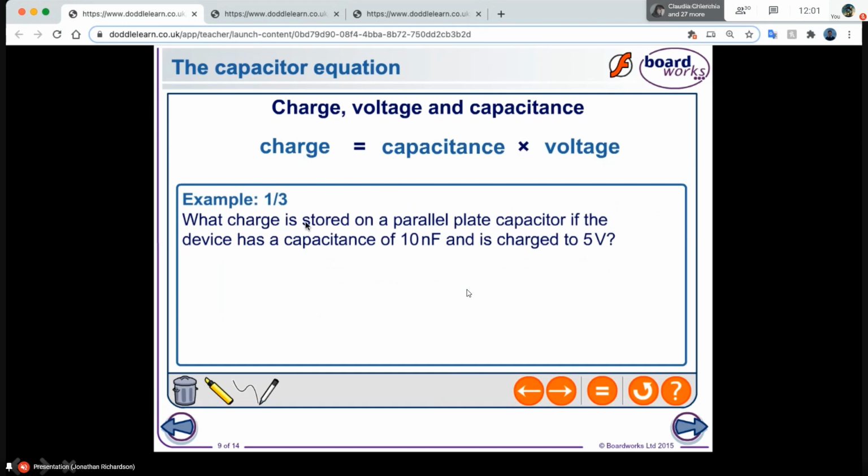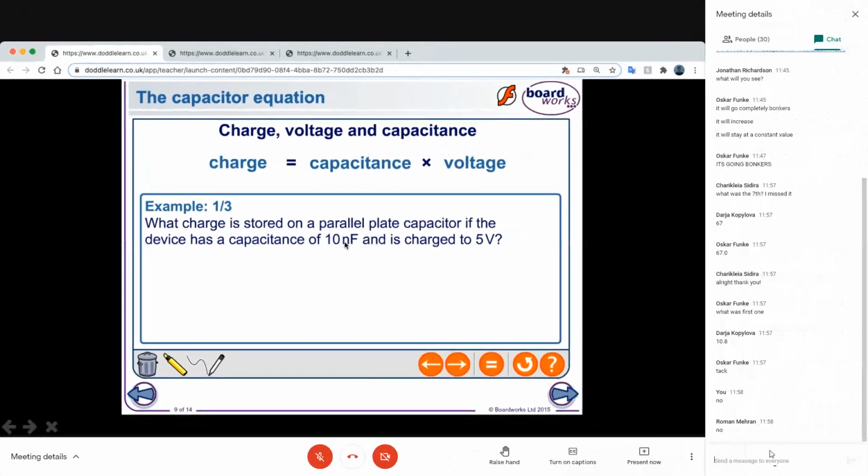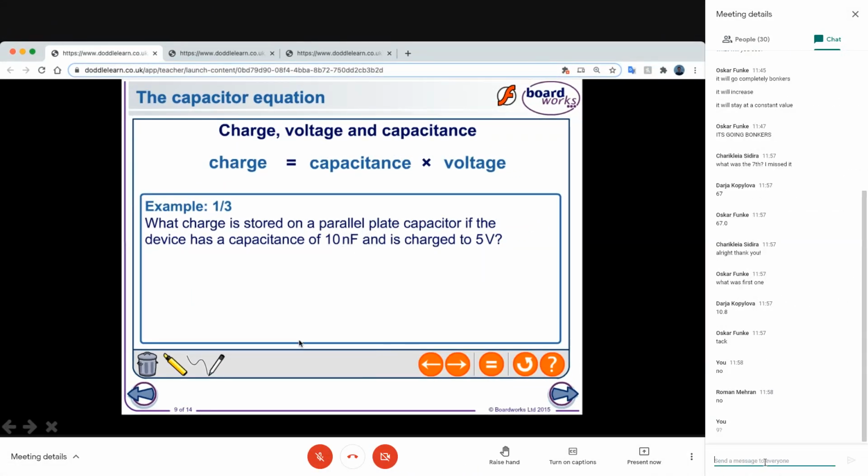What charge is stored on a parallel plate capacitor if the device has a capacitance of 10 nanofarads, N standing here for 10 to the power minus, anybody? The N should give you a clue.